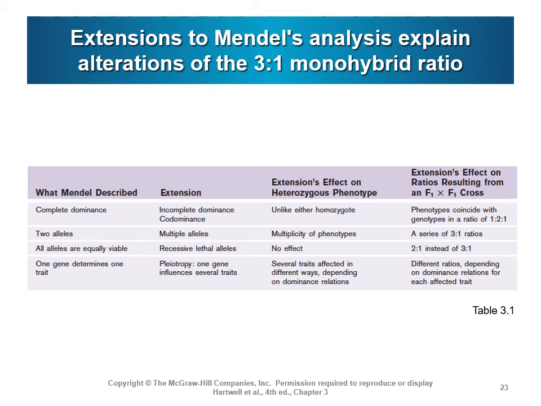And finally, extensions' effect on ratios resulting from an F1-F1 cross: phenotypes coincide with genotypes in a ratio of 1 to 2 to 1, a series of 3 to 1 ratios, 2 to 1 instead of 3 to 1, different ratios depending on dominance relations for each affected trait.